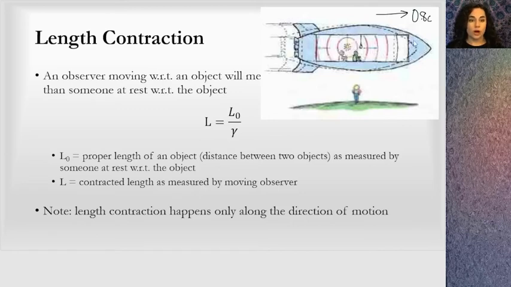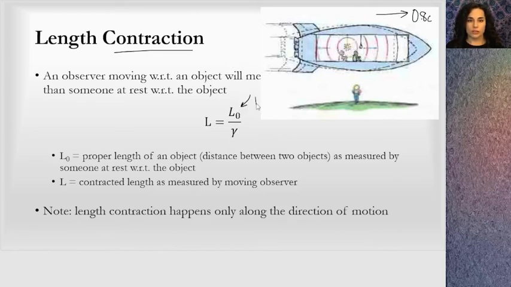The person on the ground is going to measure that spaceship as shorter. As they measure the two ends of something moving, they will not be able to measure it in the same way as a person actually on that spaceship. And what they actually get is a contraction. Notice I'm going to take the proper length.